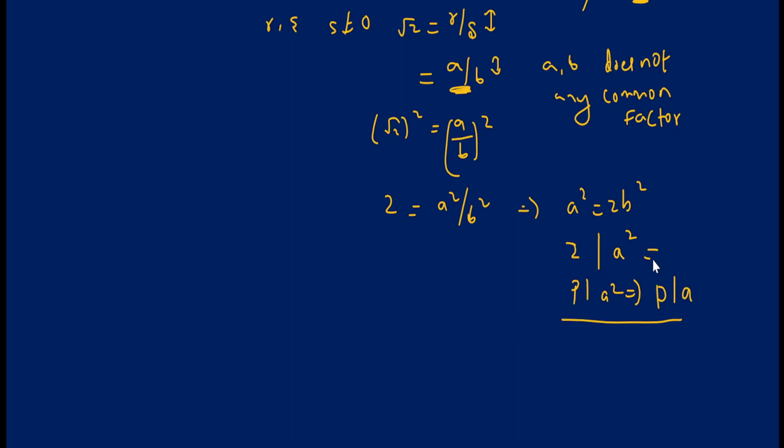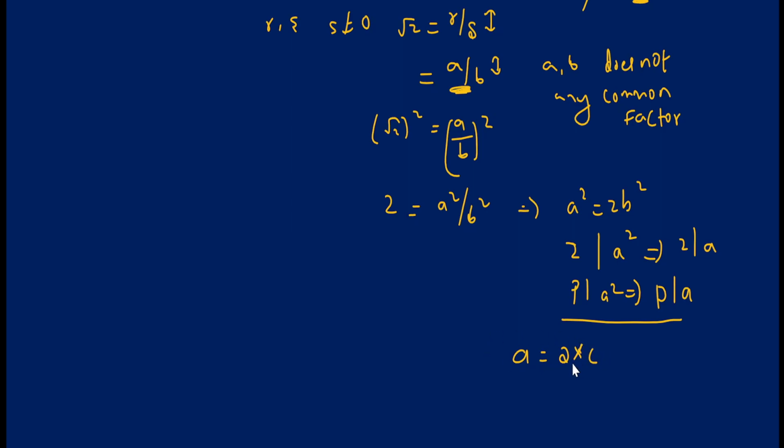So this implies 2 divides a. Okay, if 2 divides a, then we can write a as 2 times some integer c, because 2 divides a.